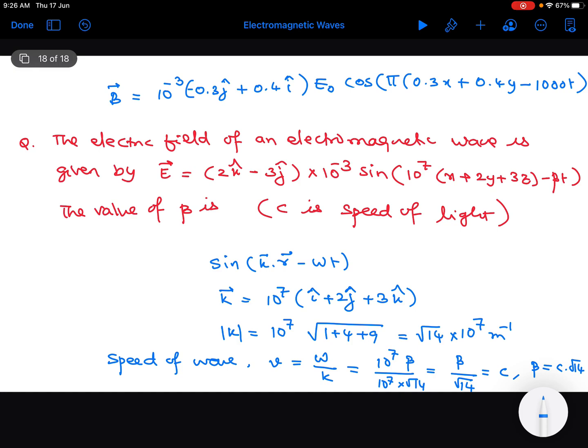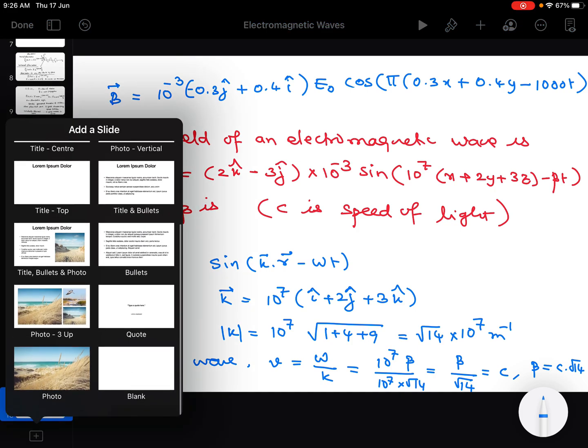Now the last question we do. Suppose the electric field is E is equal to E0 cos of (root 3 by 2 k y plus 1 by 2 k z minus omega t) x cap.